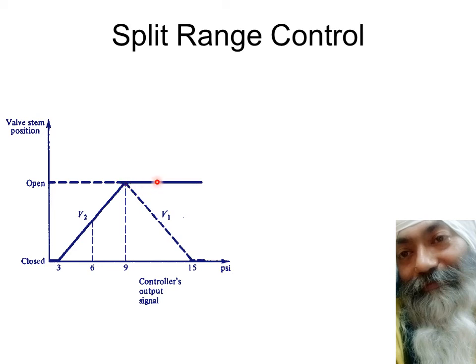It remains 100% open. But from 9 to 15 psi of the controller output, valve V1 starts closing, closing, closing, and the effect of opening of the valve V2 is the same as the effect of closing of the valve V1.